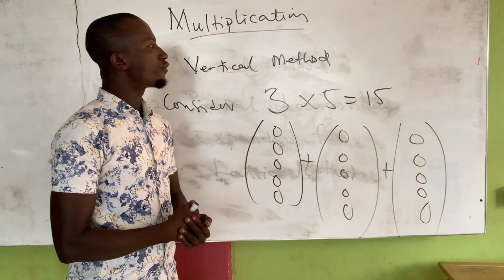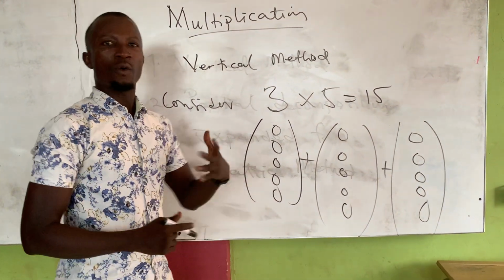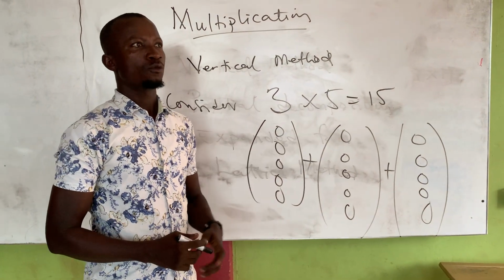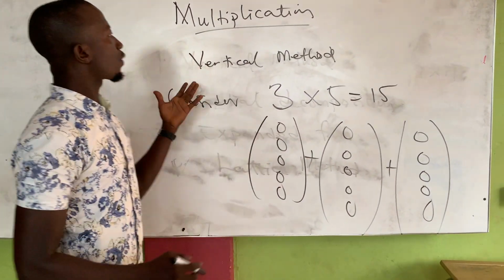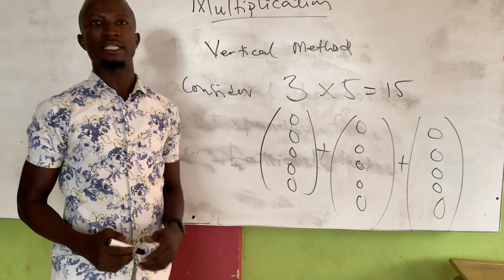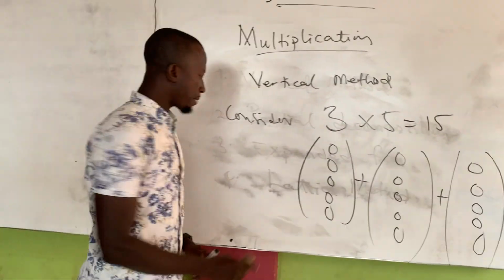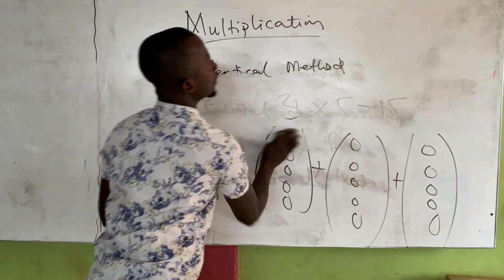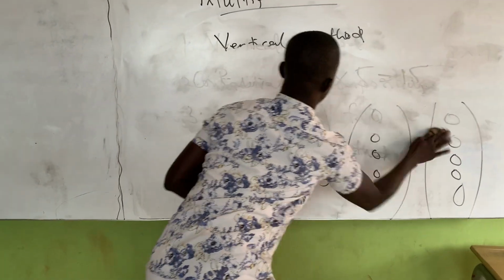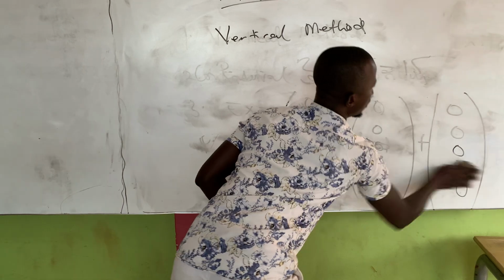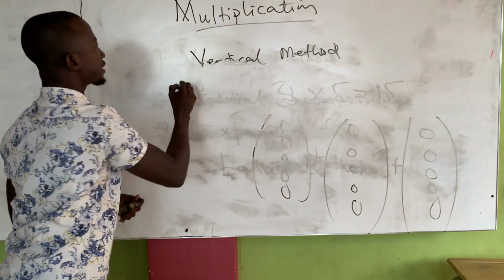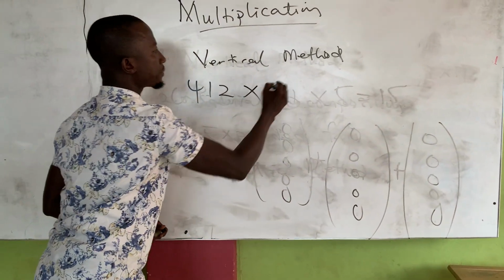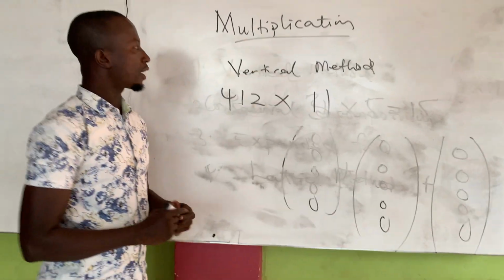Now let us move on to how to multiply 1 digit by 2 digits. That is where we are going to use the vertical method. Let's consider the numbers being arranged like 412 times 11.